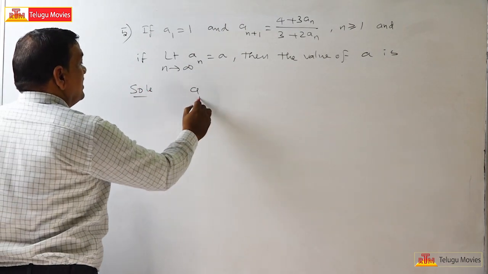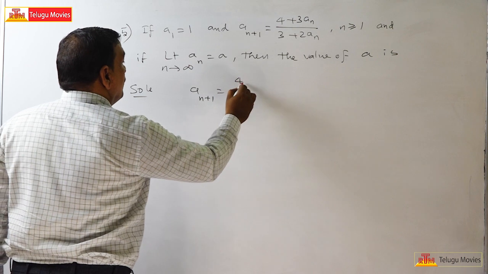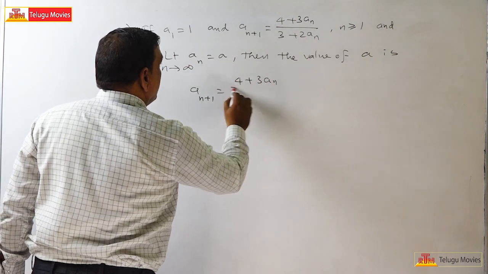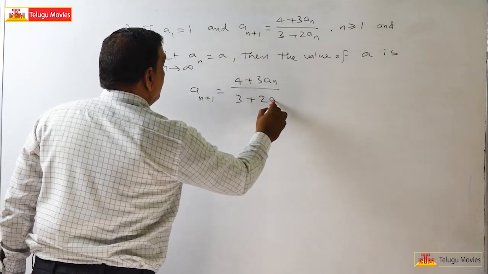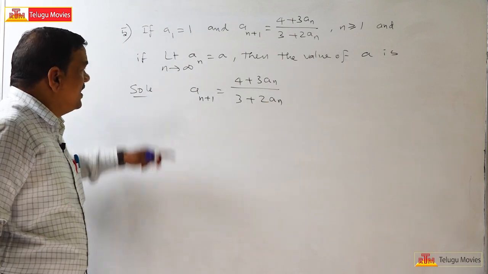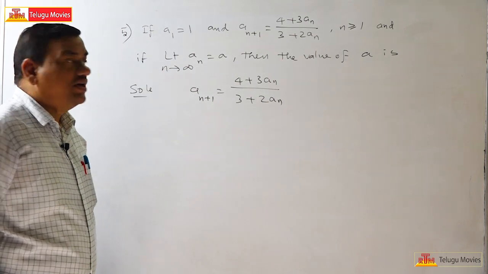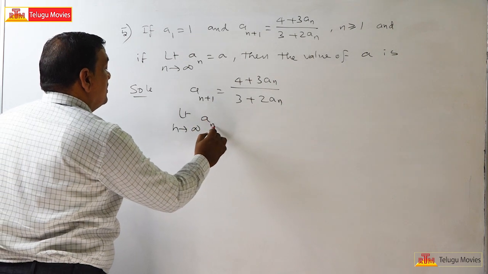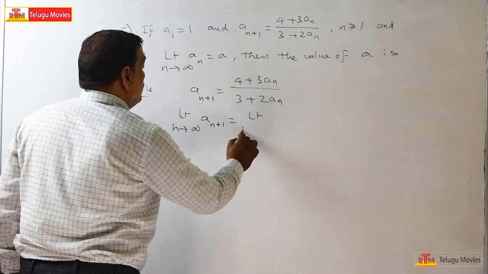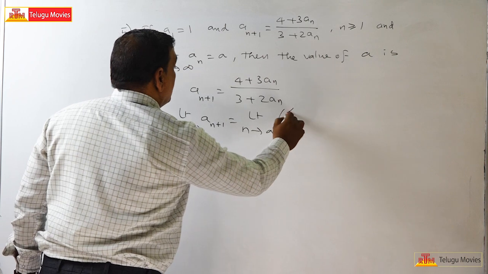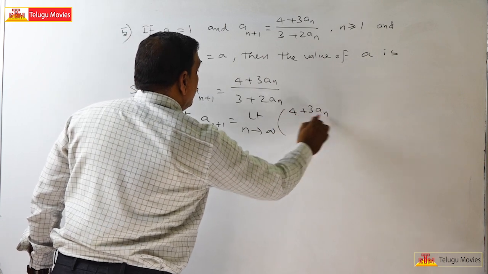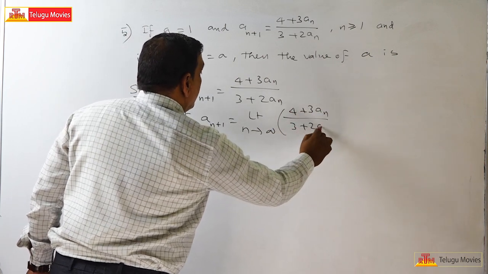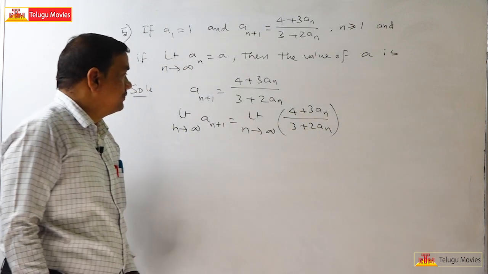Here it is given that the n plus 1th term is 4 plus 3an by 3 plus 2an. Let us apply limit n tends to infinity on both sides. That is limit n tends to infinity, an plus 1 is equal to limit n tends to infinity, 4 plus 3an by 3 plus 2an. Okay, now?